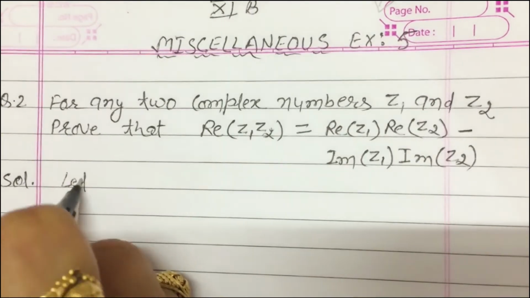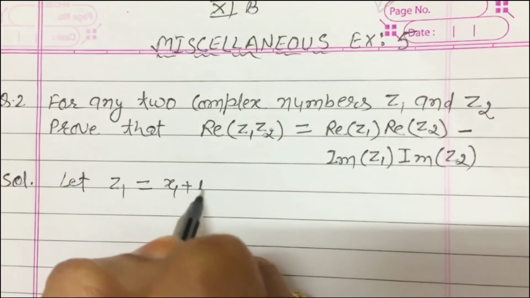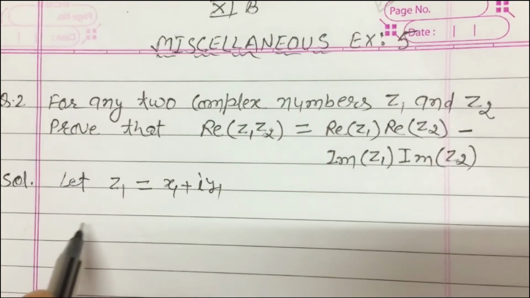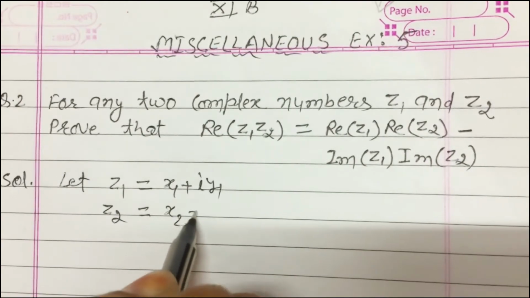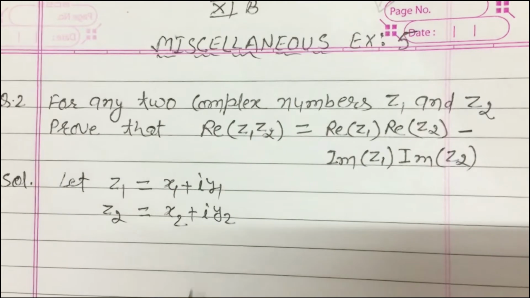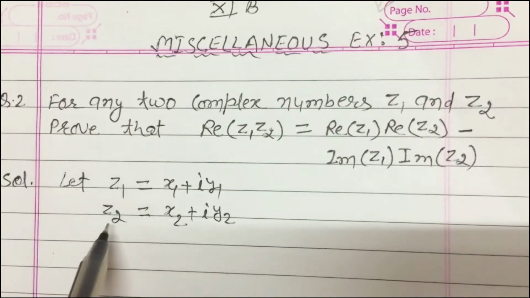First, let z1 is equal to x1 plus i y1, and z2 is equal to x2 plus i y2. Now find the real part of z1 and z2.